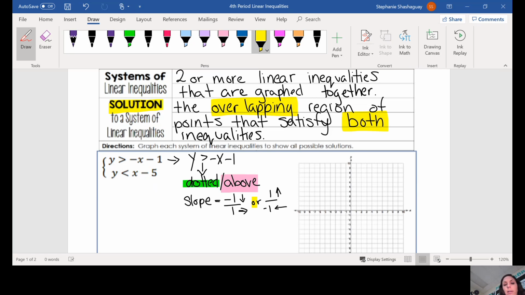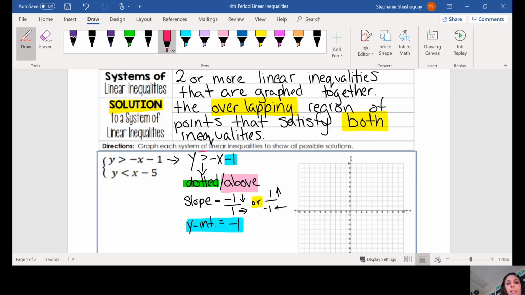Both of these would work as far as following your slope for this line, because they mean the same thing. Our y-intercept for this line is negative 1, okay? This negative 1 is my y-intercept. That constant is always going to be my y-intercept, as long as I'm in slope-intercept form.